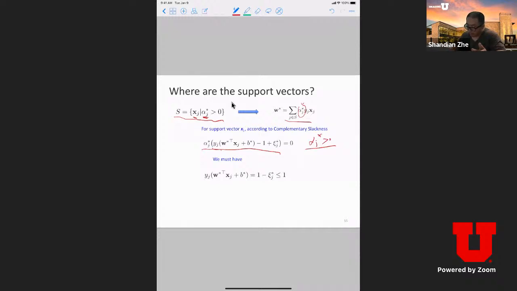That means this term must be 0, which implies that your function margin is 1 minus the slack variable xi j star. And we know that xi j star is non-negative, so that means your function margin is less than or equal to 1. So what does that mean?